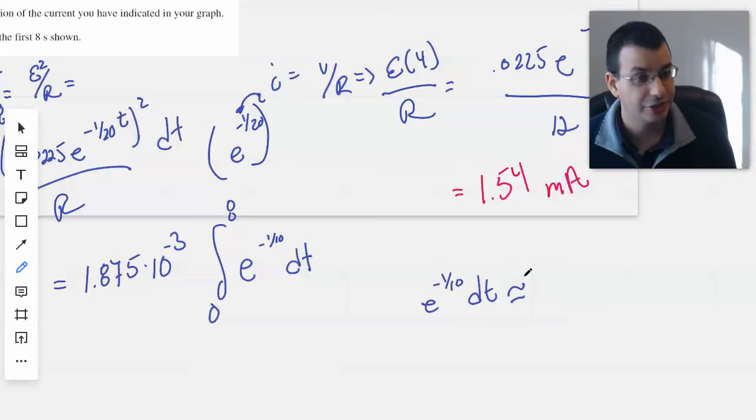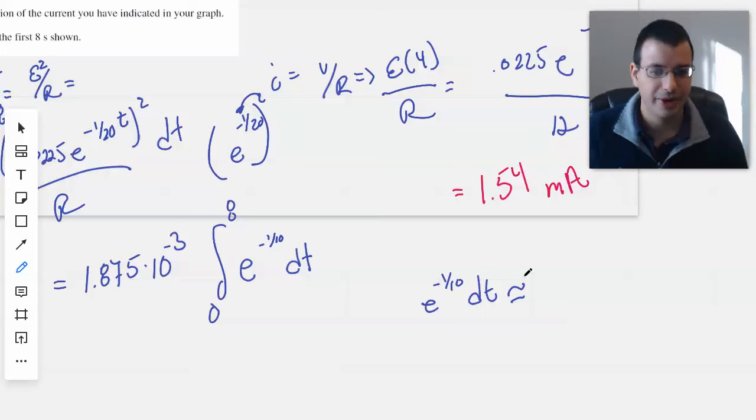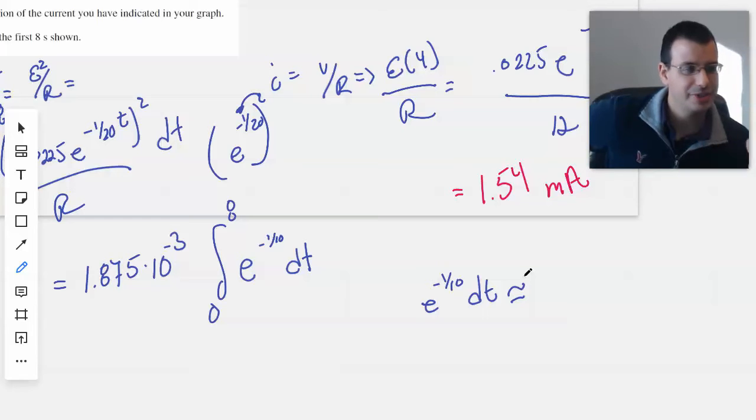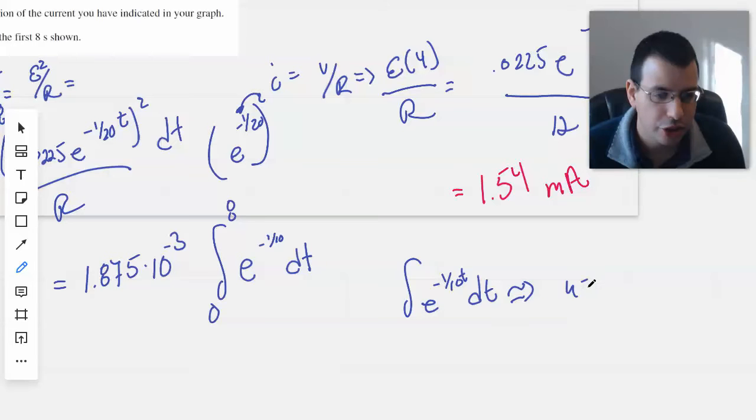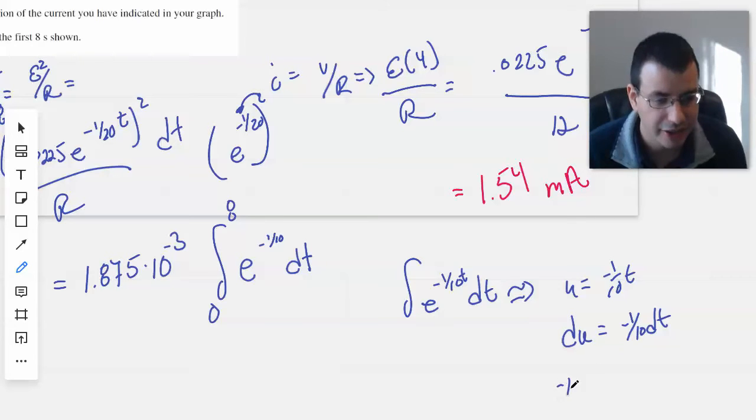If I was on a test and I was just rushing through this, I'd probably say that's negative 10 times e to the negative 1/10 t. But I don't know. u equals negative 1 over 10 t. du equals negative 1 over 10 dt. Negative 10 du equals dt.